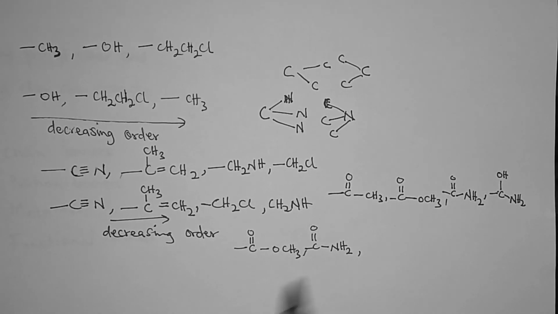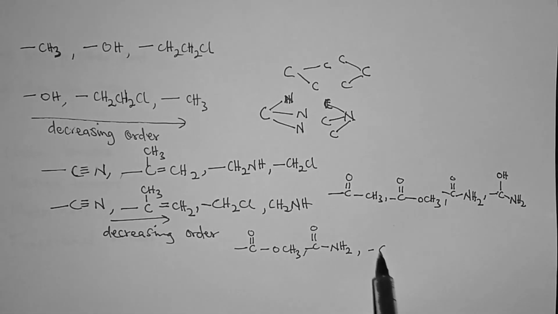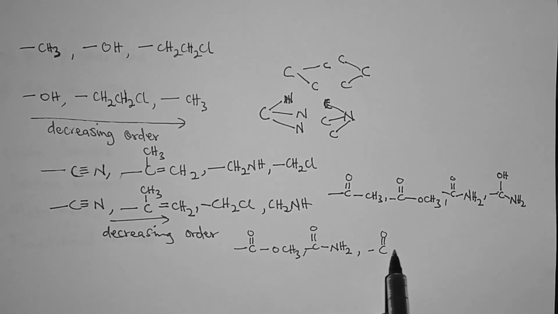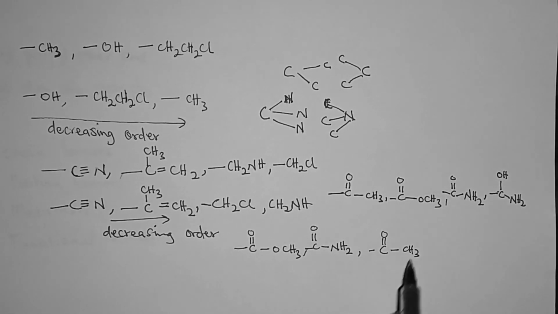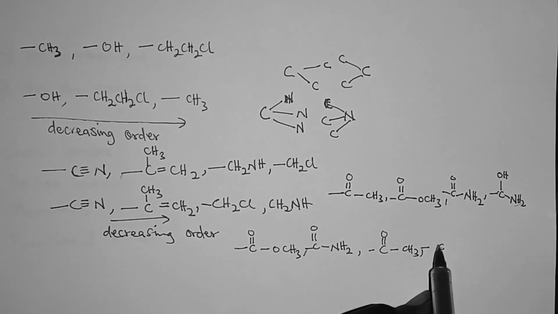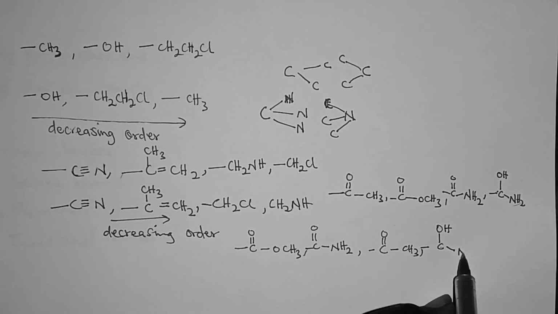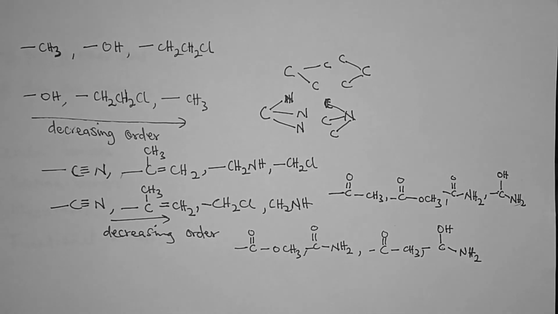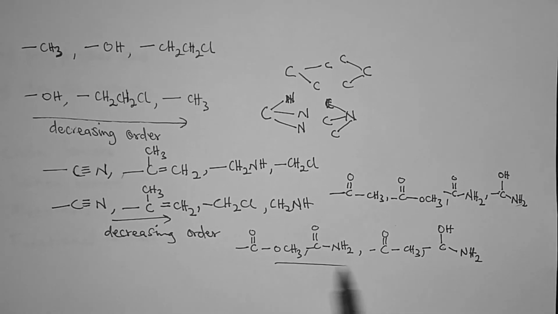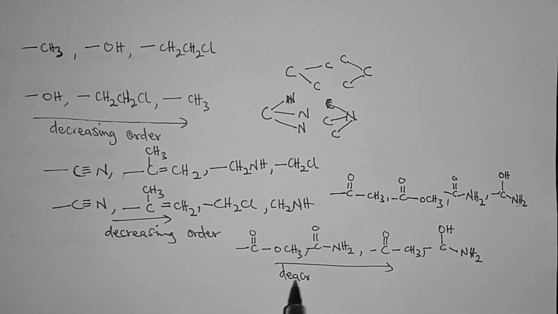Then the next one is this one, which is carbon doubly bonded to an oxygen, a CH3 group. And then this is the last one, and that is carbon singly bonded to an oxygen, OH group, and then an NH2 group. So this is also a decreasing order of priority.